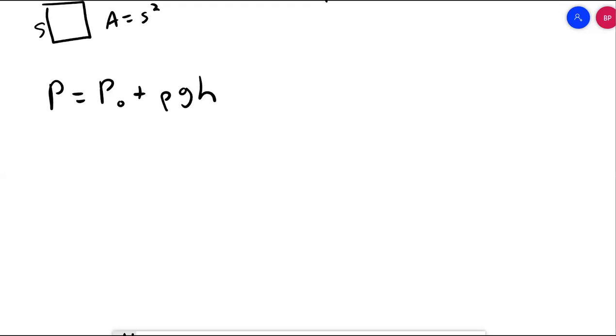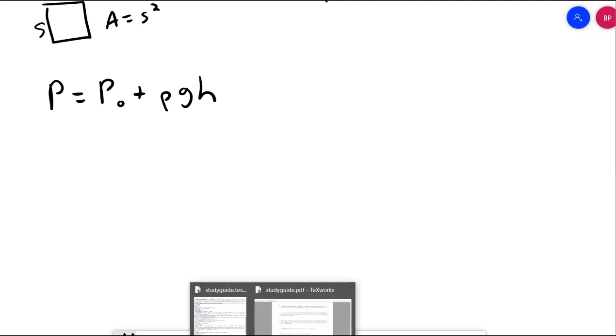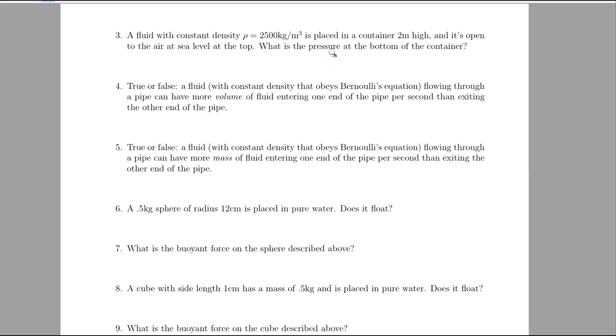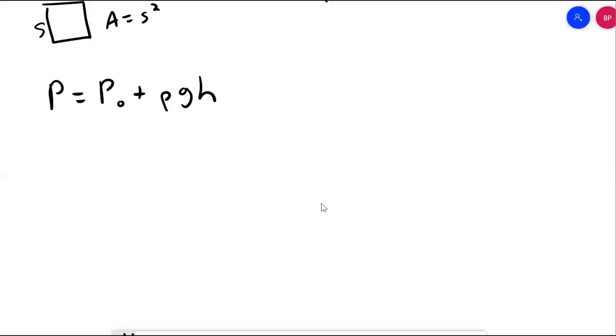So everything is given in the problem except for this: what is the pressure at the top of the fluid? It doesn't say that anywhere here, but it does say that it's open to the air at sea level. So the air at sea level has what's called atmospheric pressure, and atmospheric pressure is 1.01 times 10 to the 5th pascals.